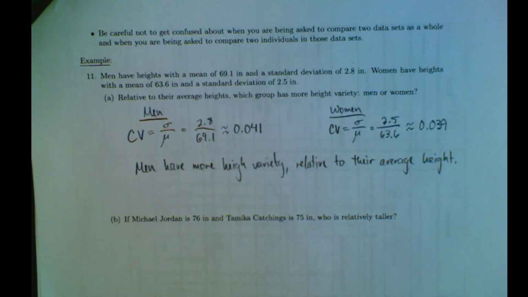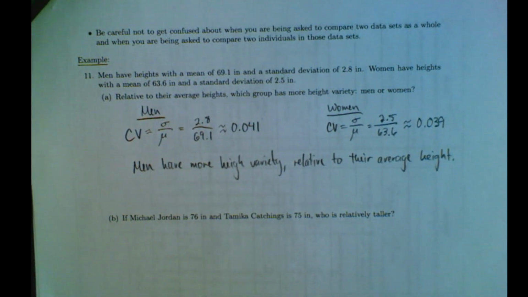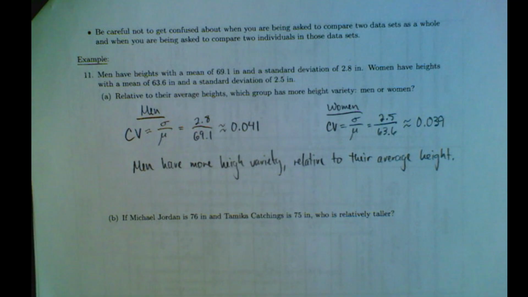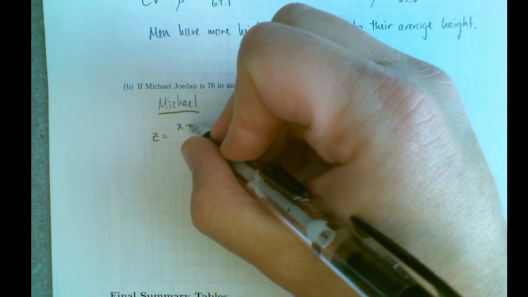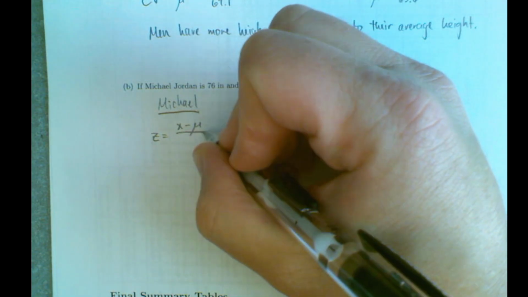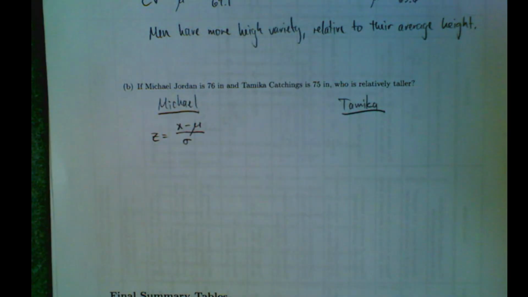Now, since we don't have any raw data to go off of, we're not going to be able to compute the percentile ranks, but we do have the information that we need in order to compute their z-scores. So let's do that. We'll compute the z-score for each individual. The z-score is observation minus mean divided by standard deviation.